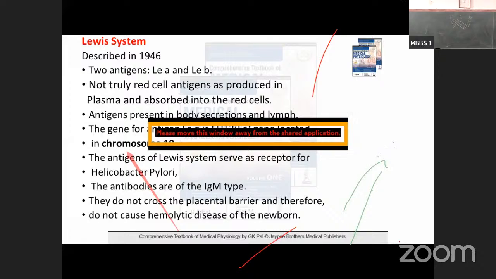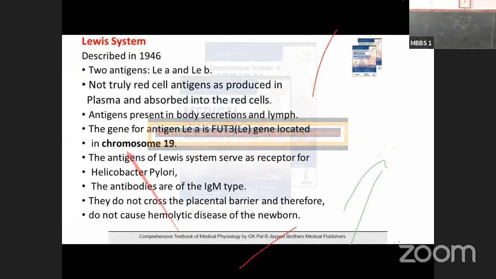The next system is the Lewis system, described in 1946. Two antigens, Lea and Leb. In the Lewis system, there are two types of antigens present: Le small a, Le small b. They are not truly red cell antigens; they are produced in plasma and absorbed into red cells.